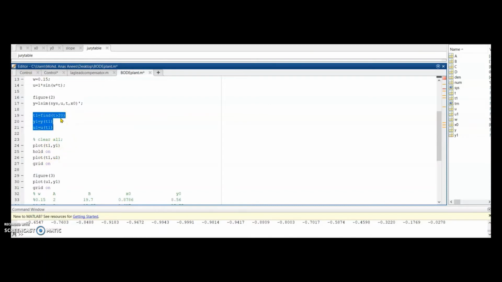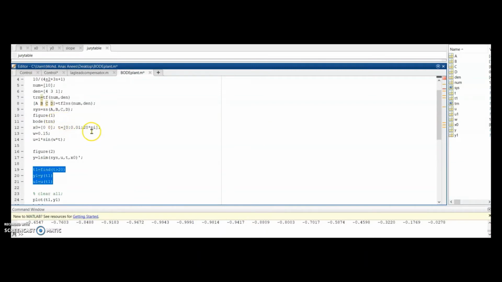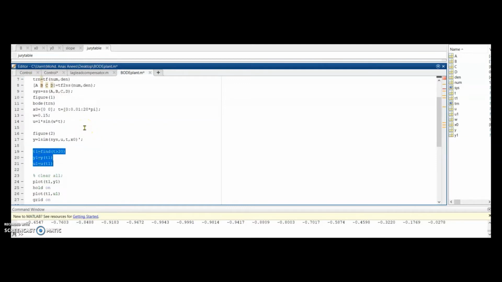We are just taking time after 20 seconds because this time is varying from 0 to 20 pi, so this means 0 to around 62 or 63 seconds. When we plotted this, we saw that our initial cycles were not coming out sinusoidal because there were transients initially, and then the system goes to steady state. So we took time greater than 20 seconds, after which the system was in steady state, so that we can analyze better. So this part you can skip.